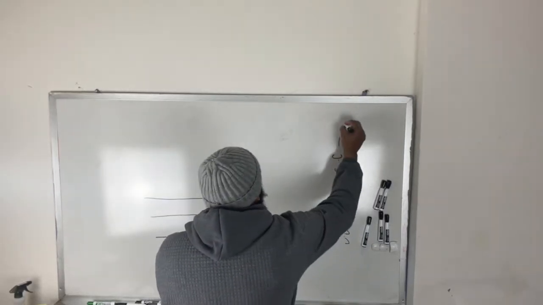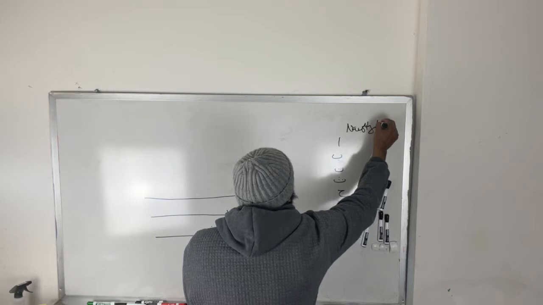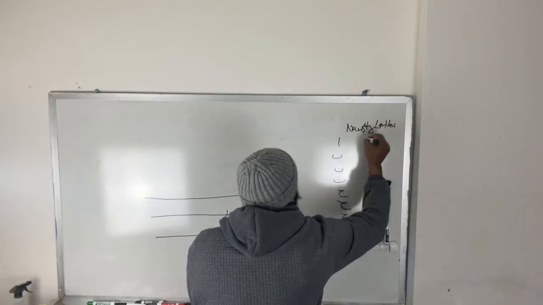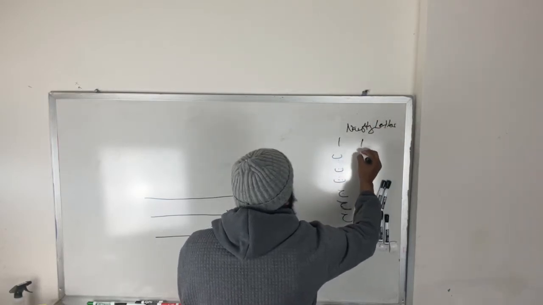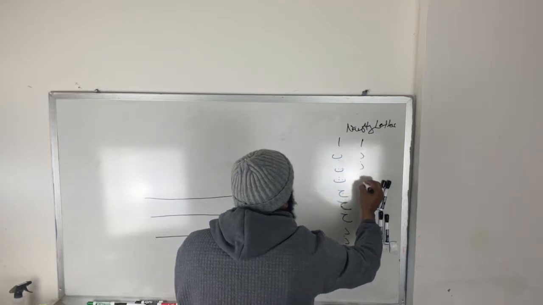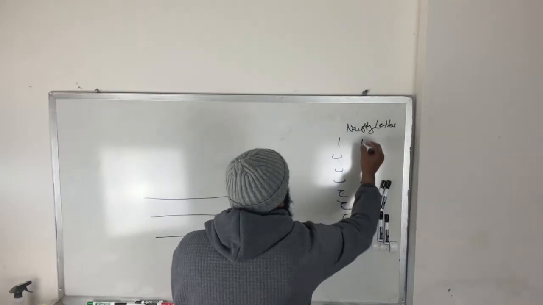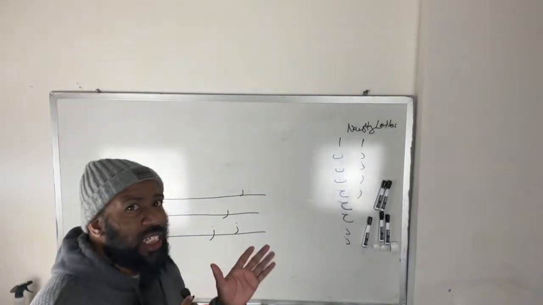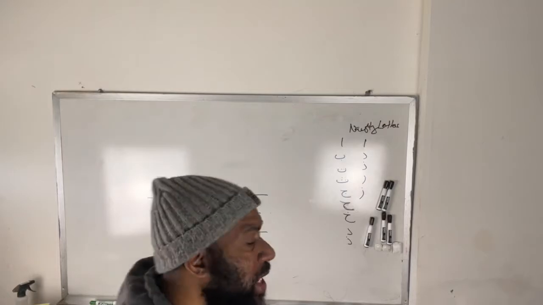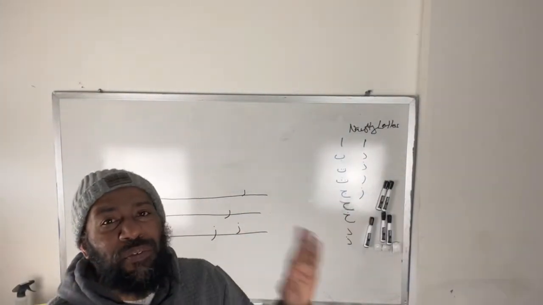So the naughty letters are Aleph, Dal, Zal, Ra, Zay. These are 5 letters, 6 in total. We haven't gotten to the 6th one yet, but these are 5 letters that do not connect from the front.